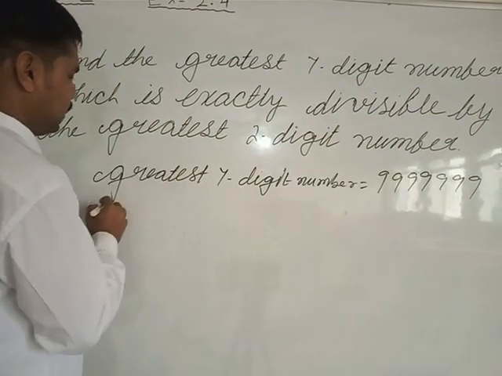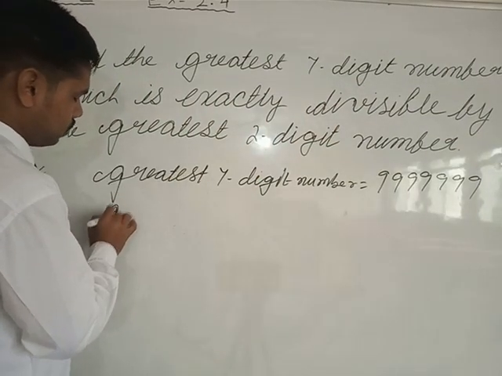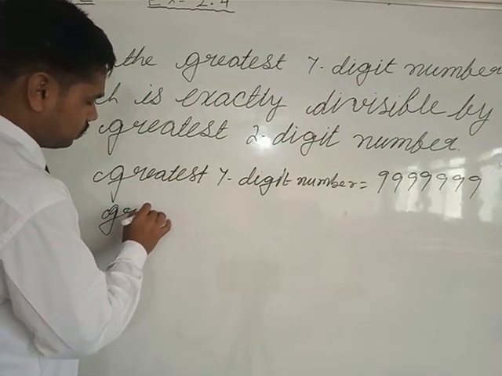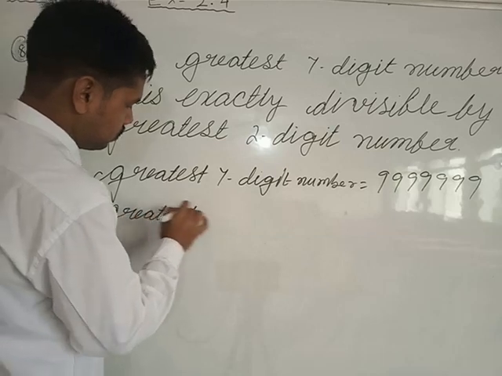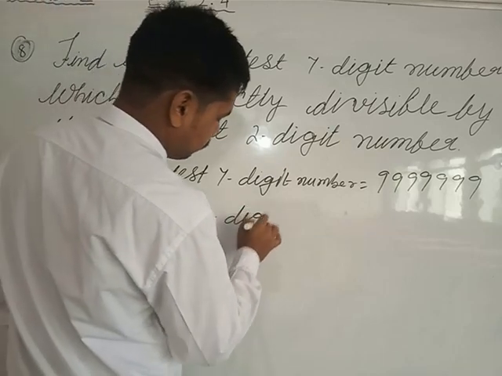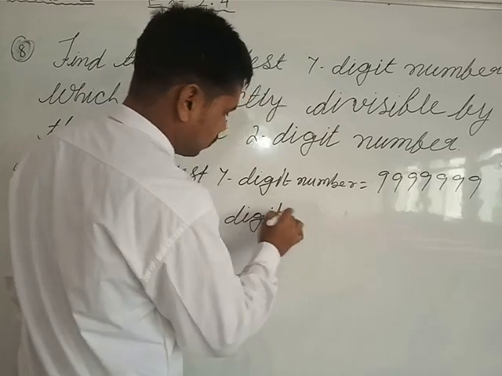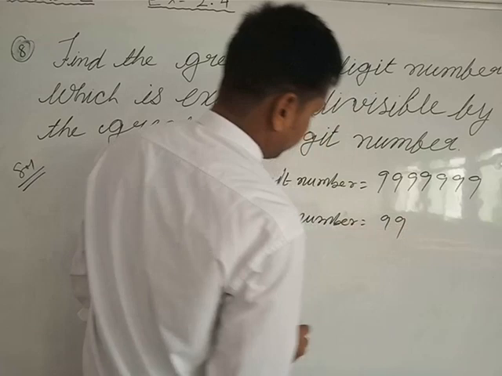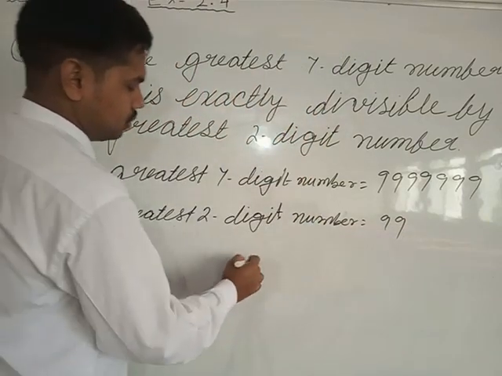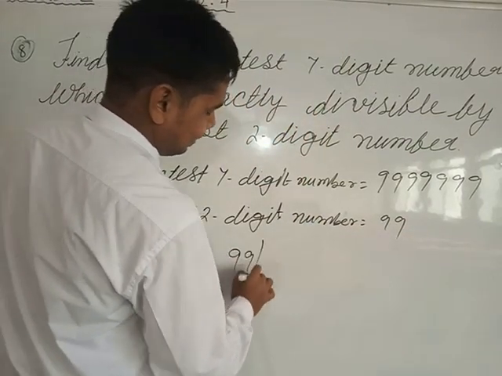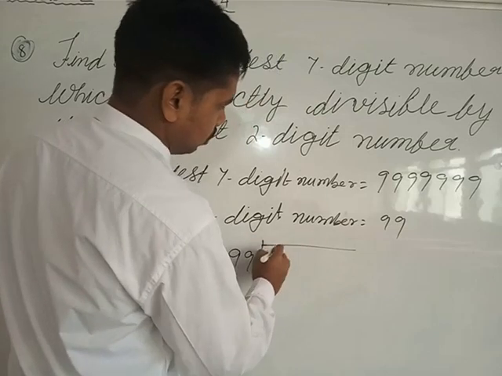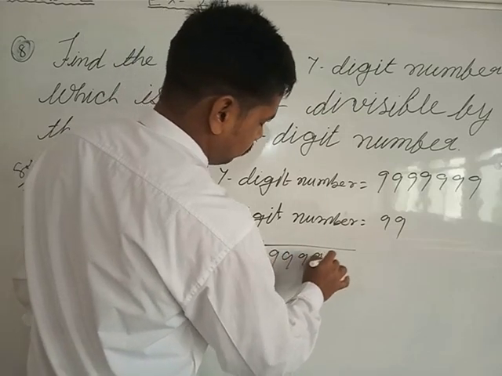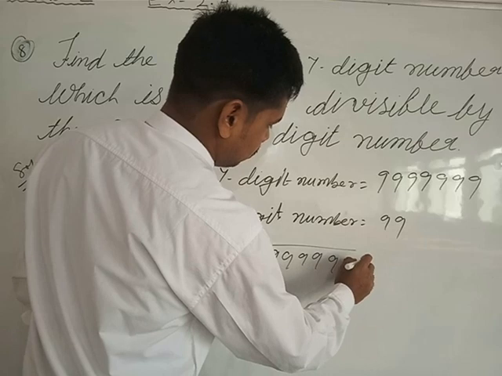And the greatest 2-digit number is equal to 99. Now divide it. So 9999999 divided by 99.